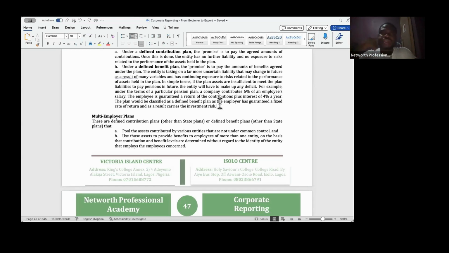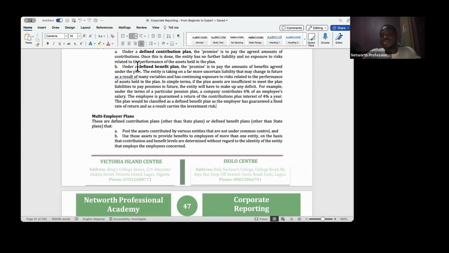Or they tell you that when you retire, we're going to take care of your medical bills till you die, or we're going to take care of your children's school fees. If there's still anyone that is at undergraduate level, we'll pay their school fees. Or they are just specific about the benefit they want to give to you.